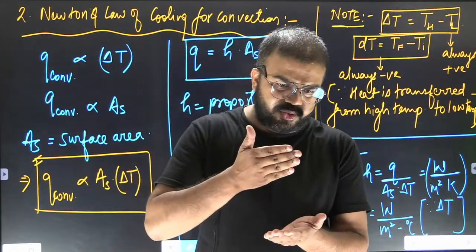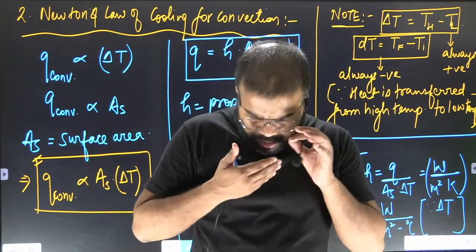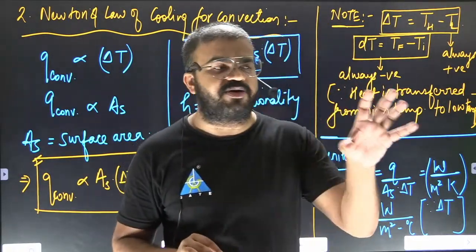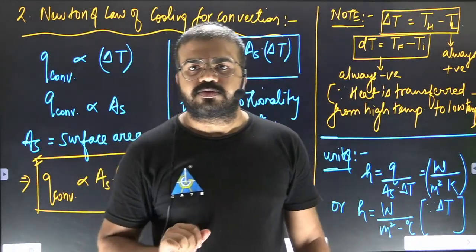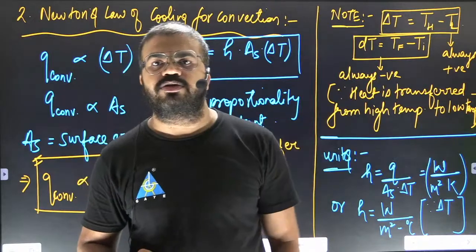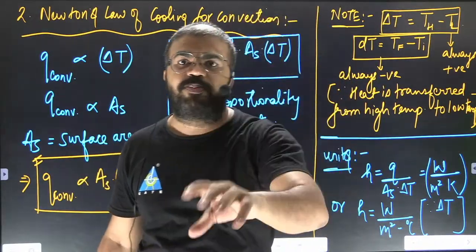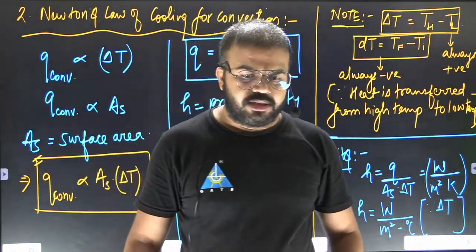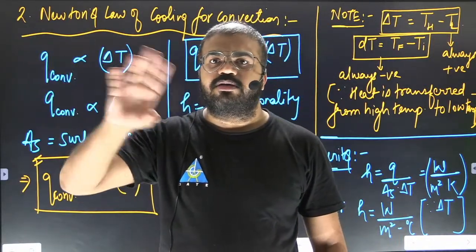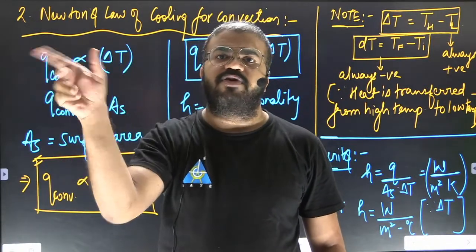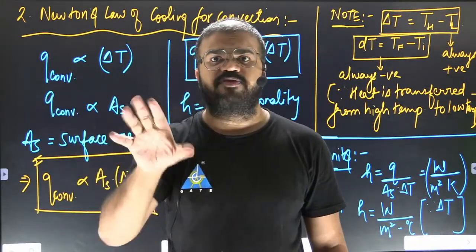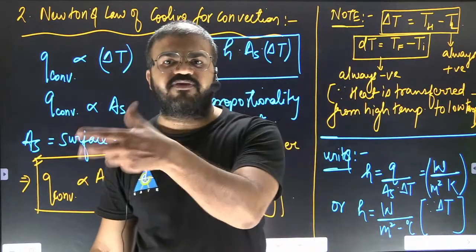If you calculate the values of h for aluminium surface, there will be a different set of values. If you change the surface to copper, the values will be different. If you change the fluid from air to water, the values will change. Change the surface roughness or the density, the values will change.